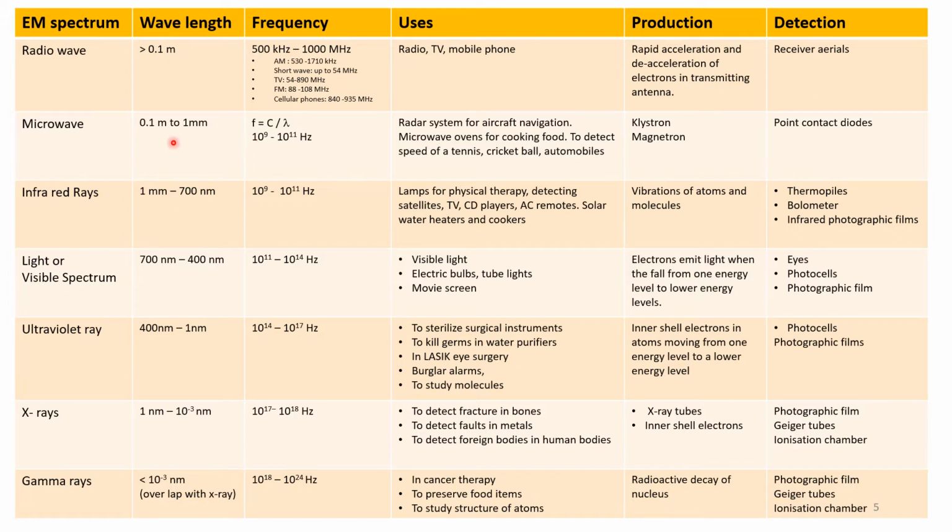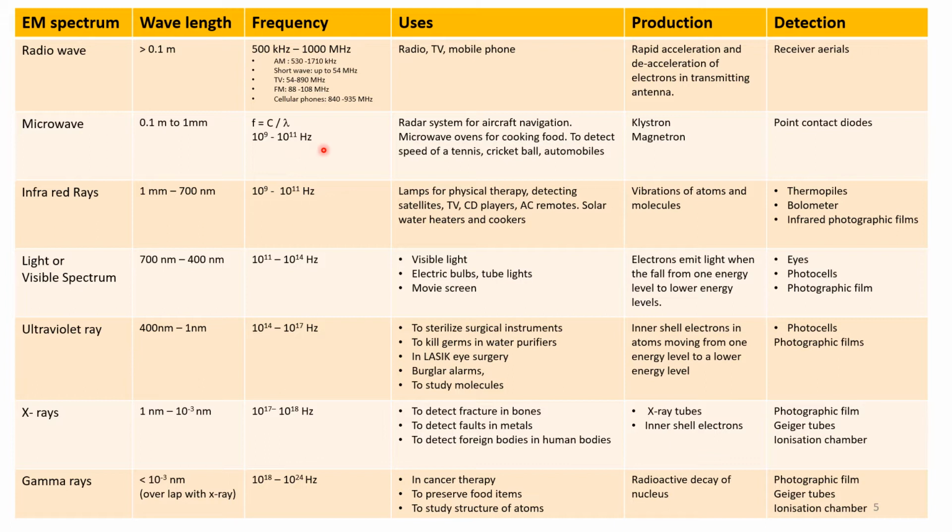The next wave is microwave. Its wavelength is 0.1 meter to 1 millimeter. So you see here we started with 0.1 meter and we are ending microwave at 1 mm. Its frequency range is 10 to the power of 9 to 10 to the power of 11 hertz.